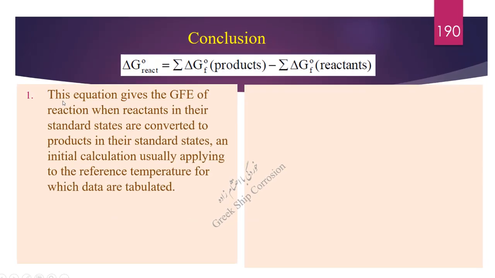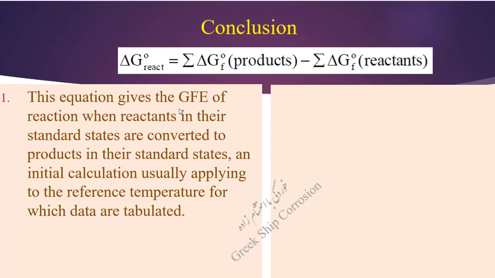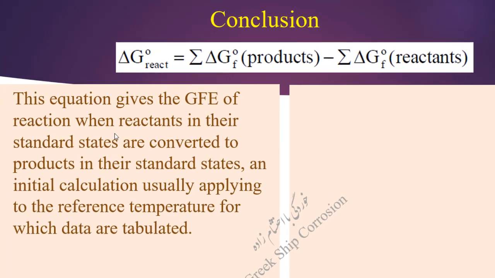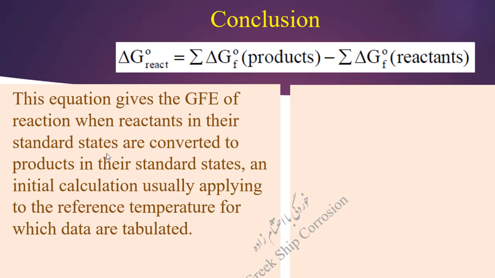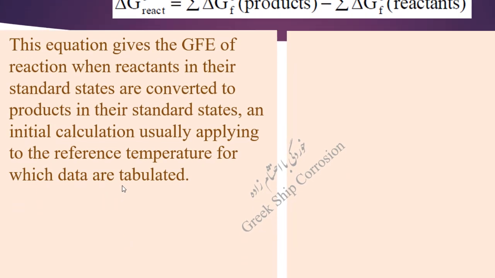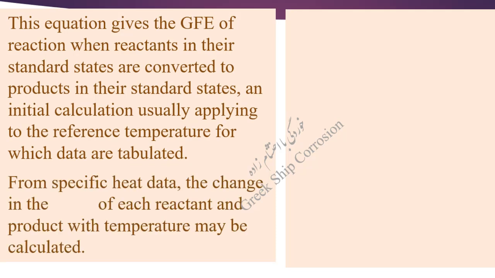Conclusion. This equation gives the Gibbs free energy of reaction when reactants in their standard states are converted to products in their standard states, an initial calculation usually applying to the reference temperature for which data are tabulated. From specific heat data, the change in the standard Gibbs free energy of formation of each reactant and product with temperature may be calculated.